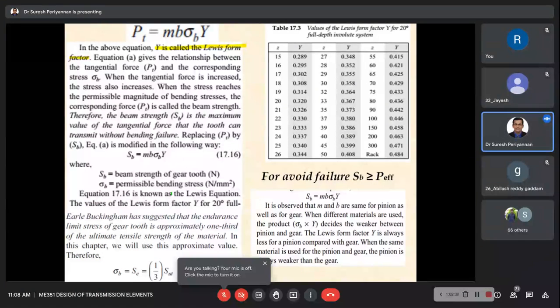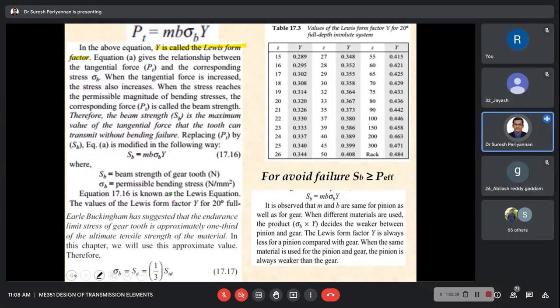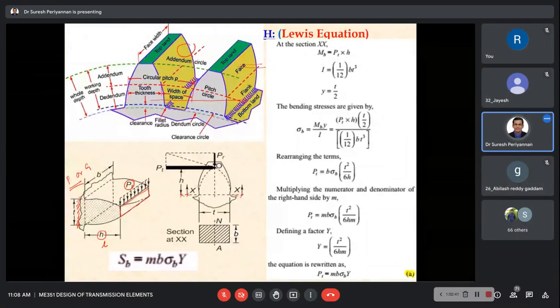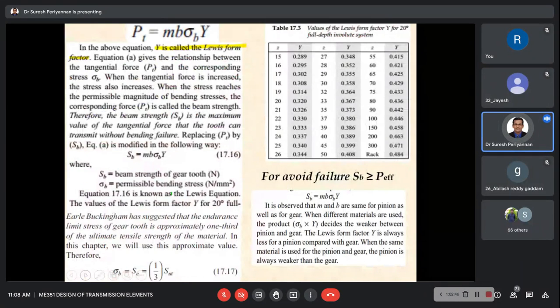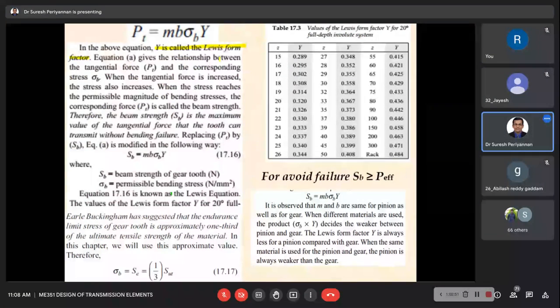Okay. Now, the equation we discussed, PT is equal to MB into sigma B into Y. We would like to understand this sigma B now. The relationship between the tangential force and bending stress in teeth design, right?